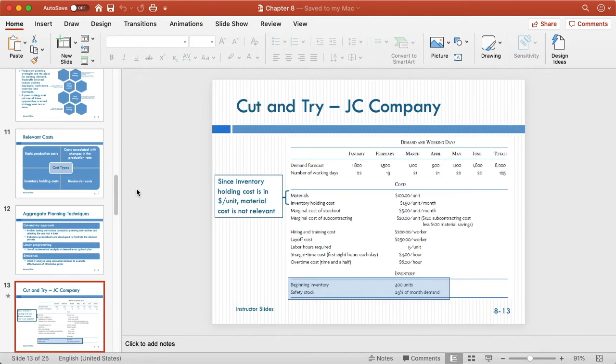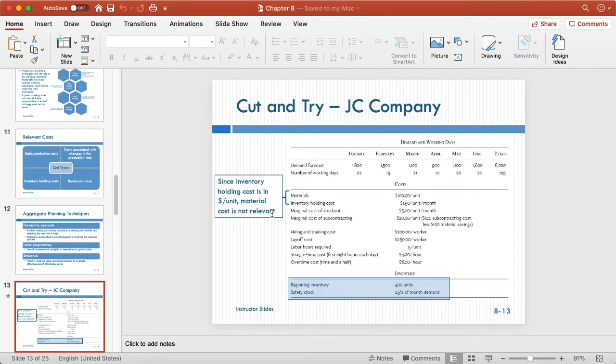Each time you don't need so many employees, you incur layoff cost. Both are under the chase strategy. Also the marginal cost of subcontracting, of course, corresponds to the subcontracting strategy.